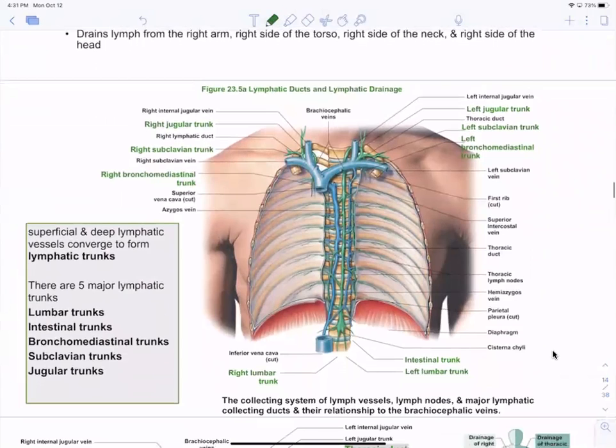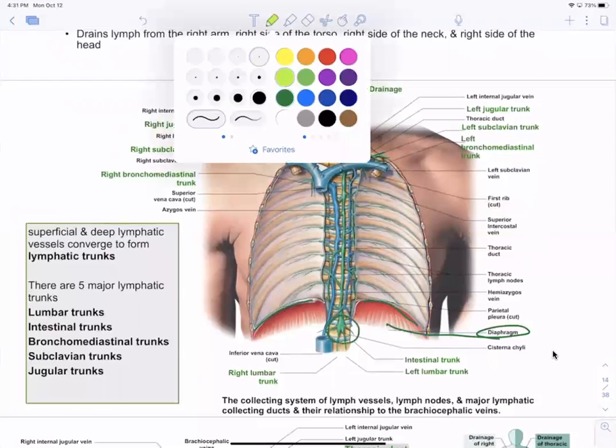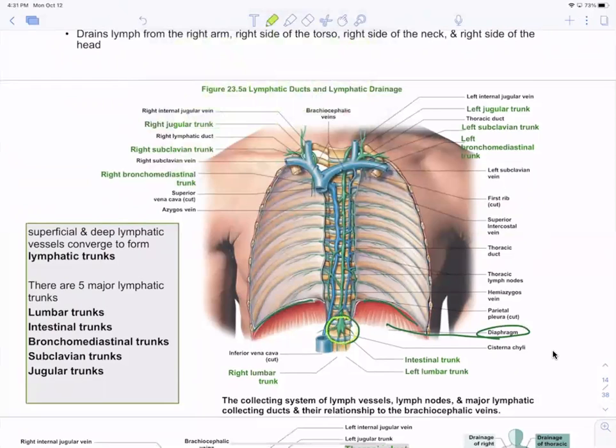And what it's showing you is, so here's your diaphragm, right? That's a diaphragm. And where all the vessels merge, they all merge right below the diaphragm into this enlarged area called the cisterna chyli. So this right here is the cisterna chyli. And then there's one major tributary that goes up here, and that is the thoracic duct.